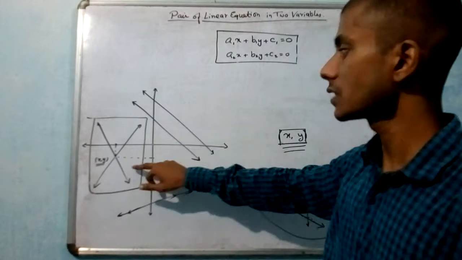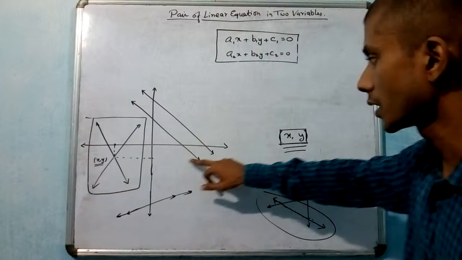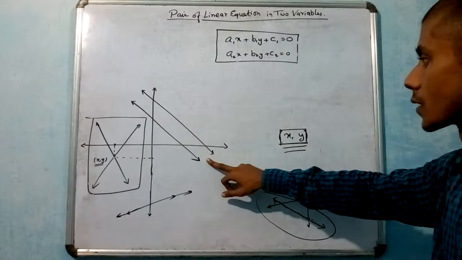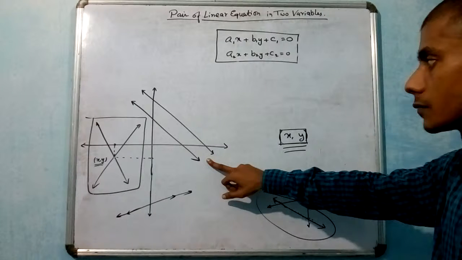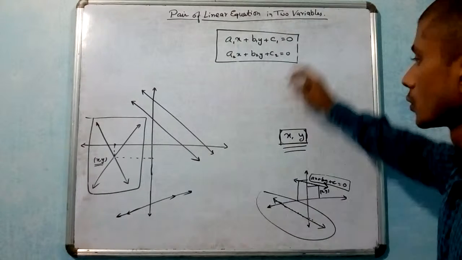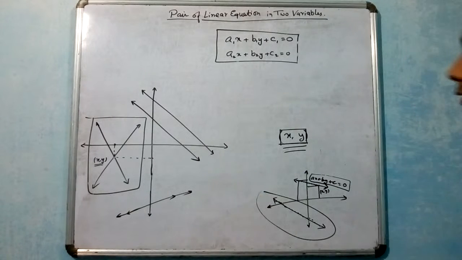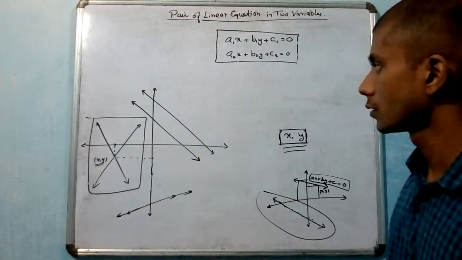Here the lines are intersecting. Here the lines are parallel. So parallel means, tell me how many solutions we get here? How many intersecting points?